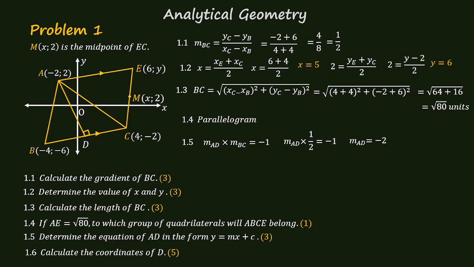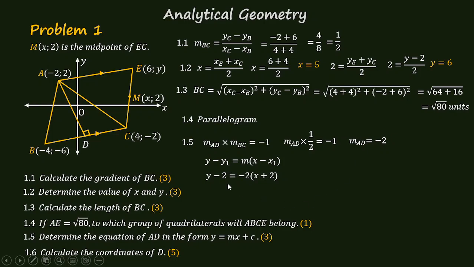Now we have a gradient, and we also have the point A. In this case, we can use the gradient point method to find the equation of the straight line AD. All we have to do is to substitute the right values. Our m is -2, we calculated it here.